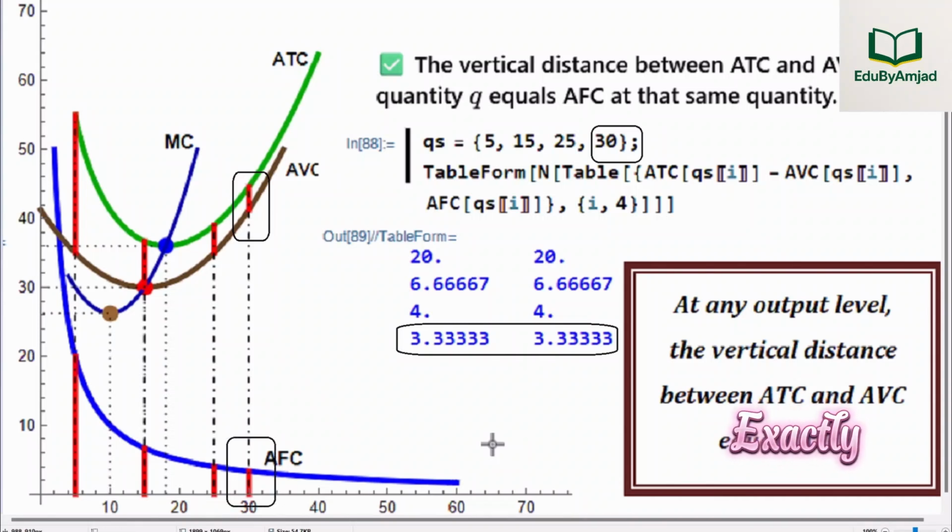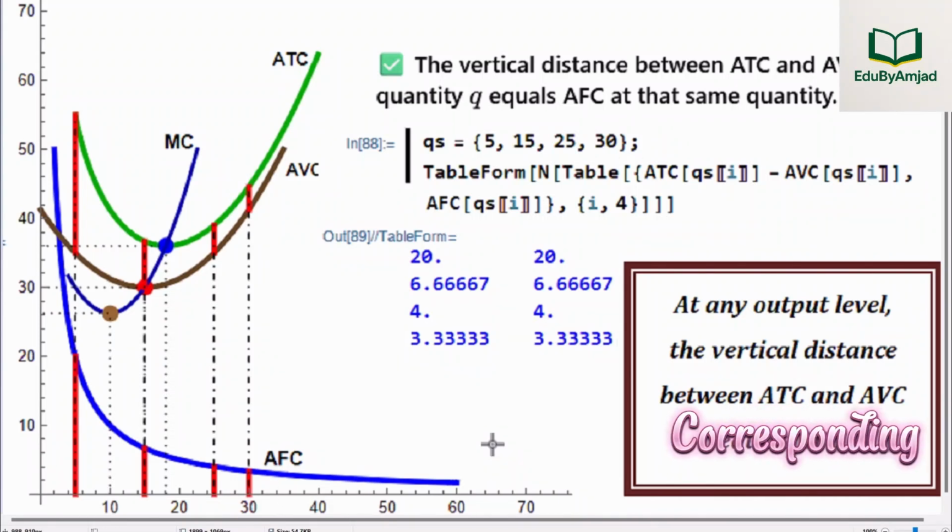Each value exactly equals average fixed cost at the corresponding output level. So at any quantity of output, the vertical gap between ATC and AVC is equal to AFC.